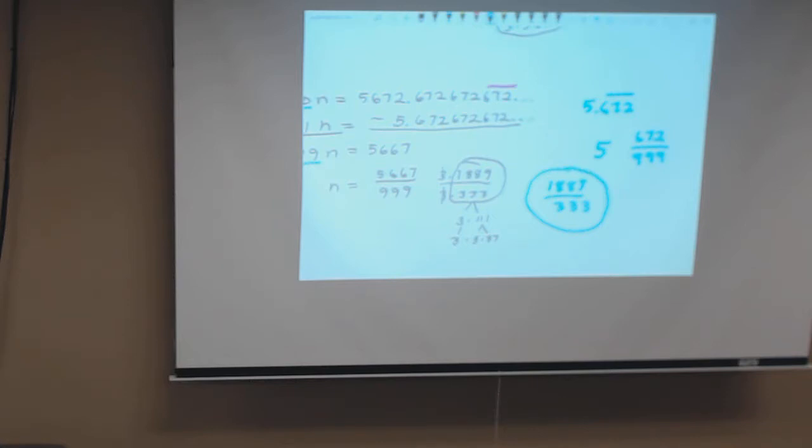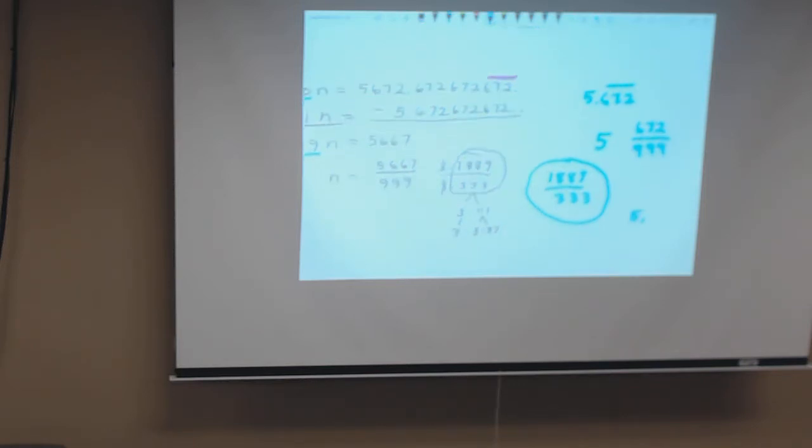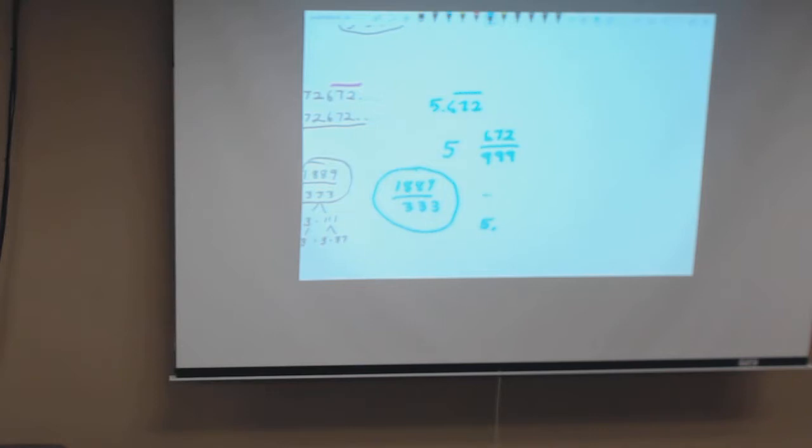And if you divide 1,889 by 333, you will get 5 point, this equals 5.672672, and then it stopped. That's where my screen stops, so I just know that it's that, right? Or 5.672 with a line over it.